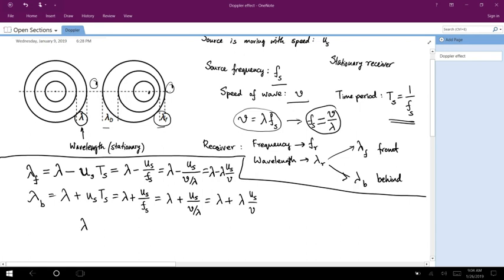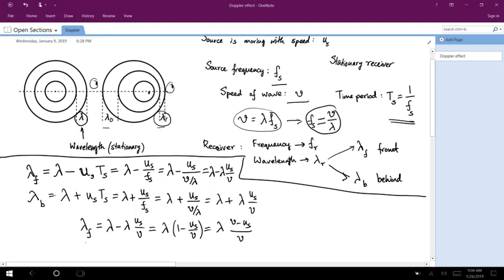We can keep doing the algebra. On the second line, lambda f is equal to lambda minus lambda Us over v. I can pull the lambda out and get 1 minus Us over v. I can go further and write this as lambda times v minus Us divided by v.